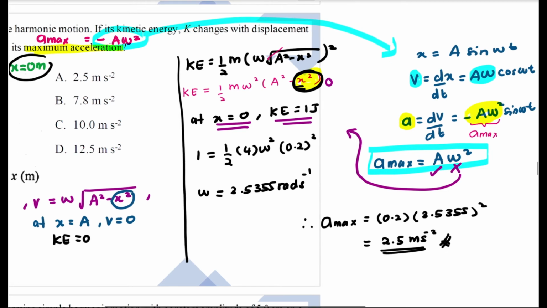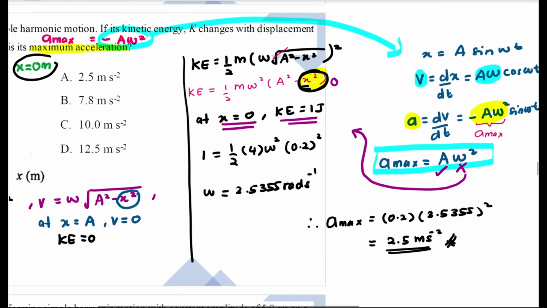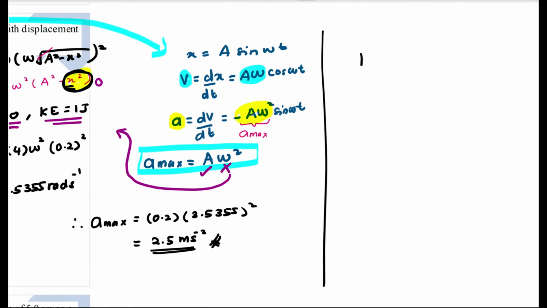Or if you say you don't want to calculate like this, you want to directly use the formula from kinetic energy. Kinetic energy is equal to half M omega squared (A squared minus X squared).